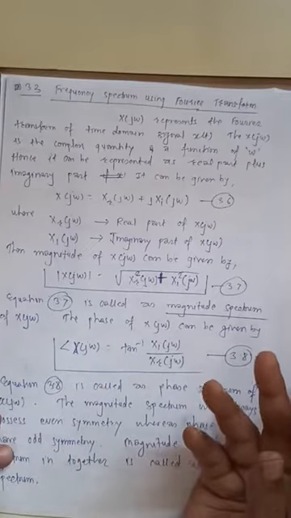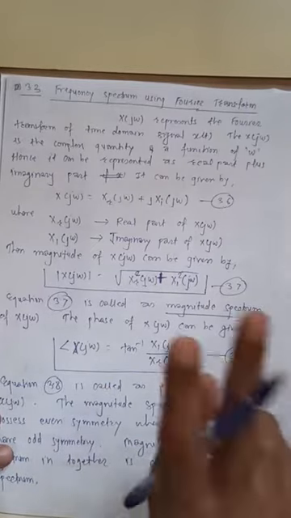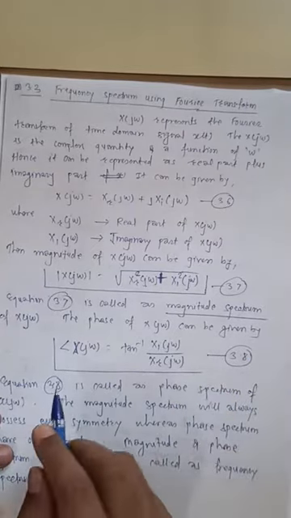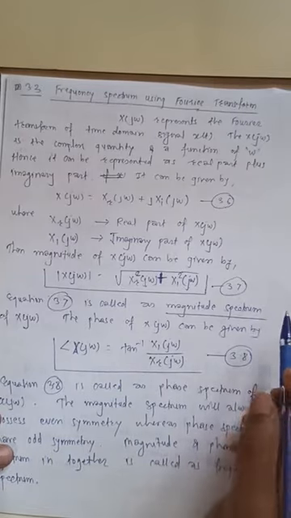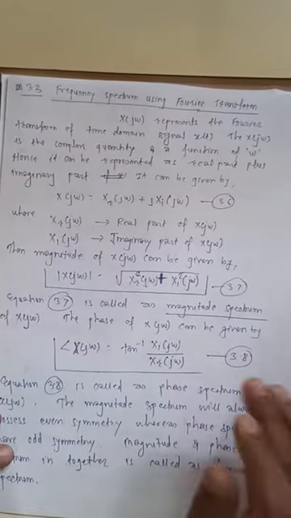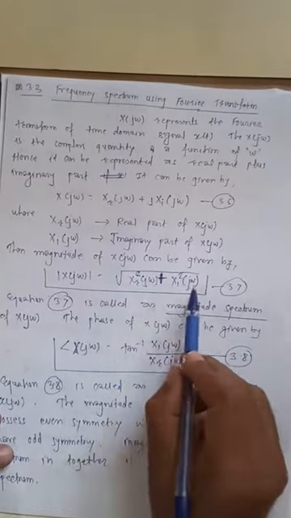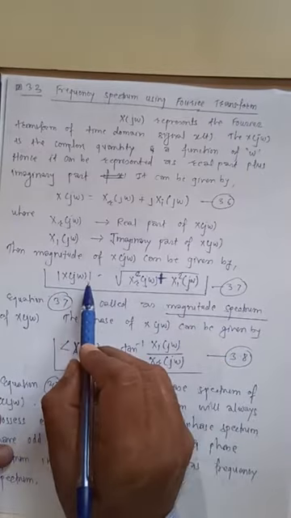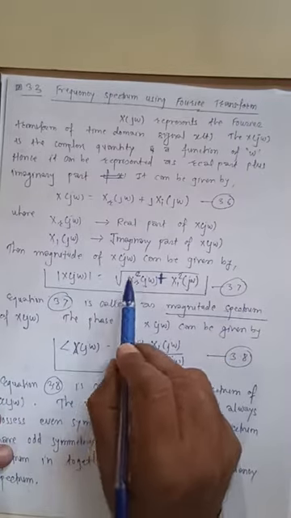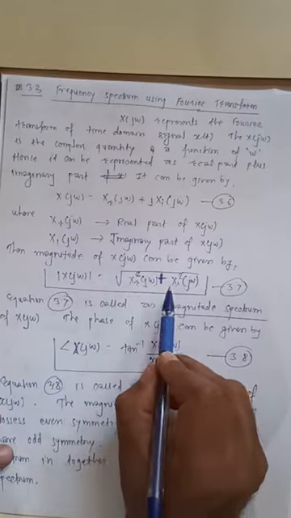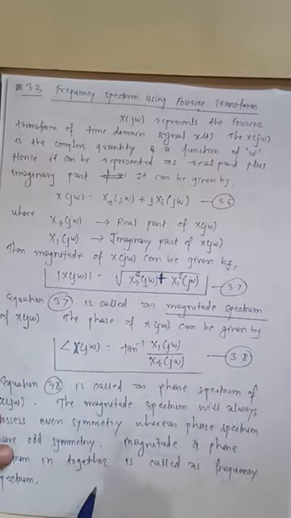As we are dealing with the frequency spectrum, it is divided into two parts: the magnitude spectrum and the phase spectrum. The magnitude spectrum is the magnitude of x of j omega, equal to the square root of real part square plus imaginary part square.